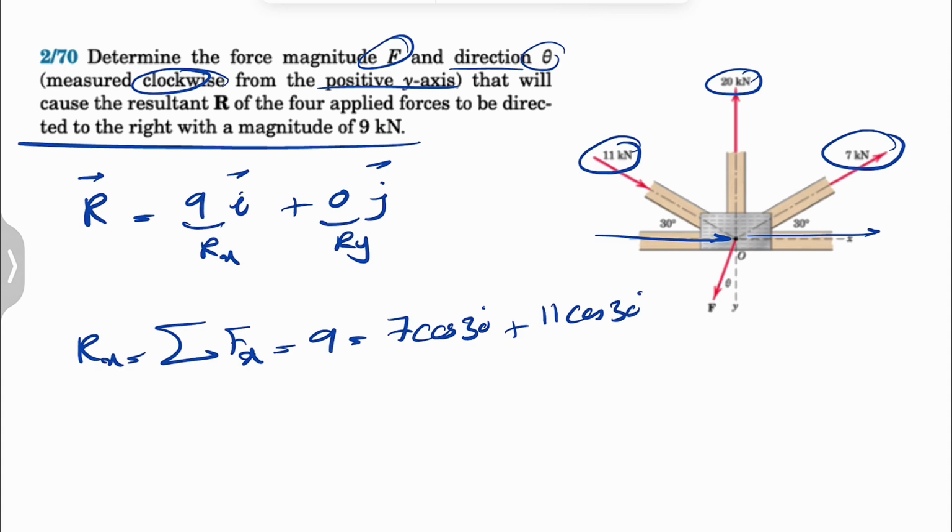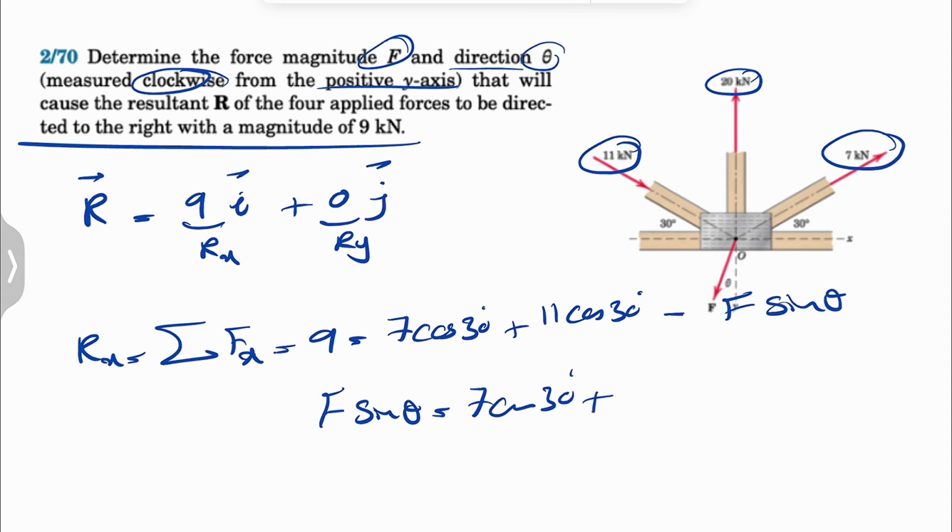And we're going to have the x component of the F, which will be this one. First of all, it is to the left, so it will be negative: negative F sine of theta. So we can find F sine of theta from here, which is 7 cosine of 30 plus 11 cosine of 30.